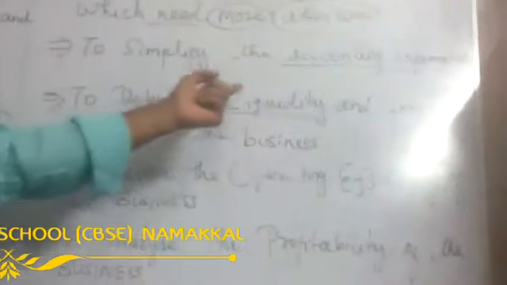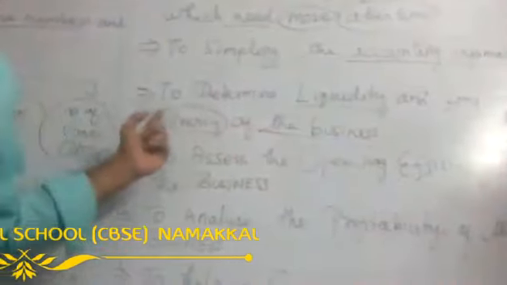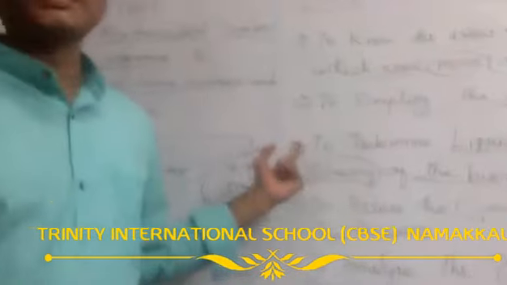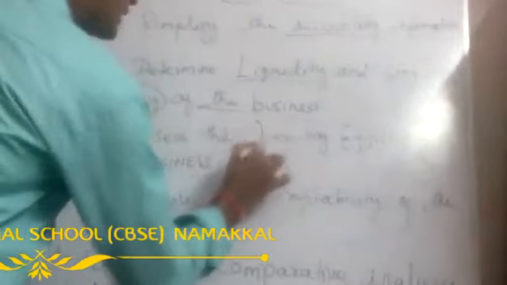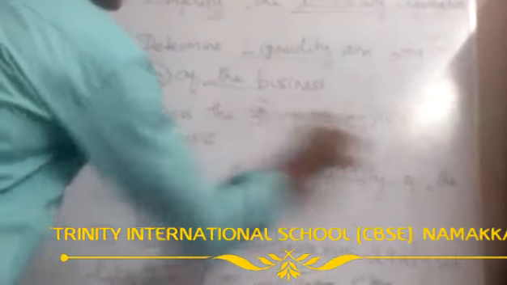Third, you can determine liquidity: our day-to-day activities, our working capital, our short-term payment. Similarly, our long-term solvency of the business, our long-term repaying capacity. You want to know how long it will take to repay our long-term dues. Next, to assess the operating efficiency of the business.